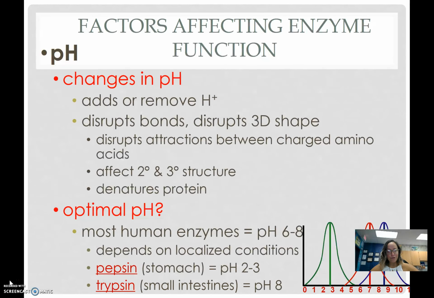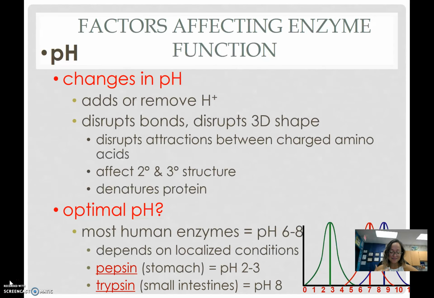But now when that food goes from your stomach into your small intestine, it is a very basic environment, a higher pH. There are pH buffers released from your pancreas that go into your small intestine, and then those enzymes help to break down and digest fat. So pepsin, which works best in an acidic environment in your stomach, will be denatured in your intestines.